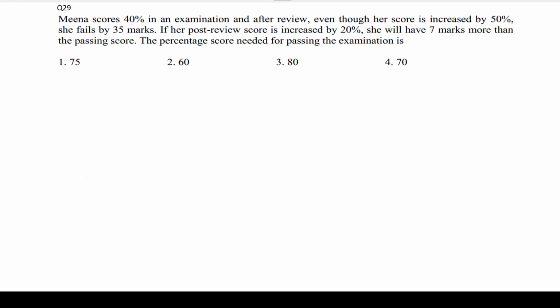Question number 29. Meena scores 40% in an examination. So let's say the examination is of 100 marks. She scores 40x. Even though her score is increased by 50% after review, her score becomes 1.5 into 40x, that means 60x.